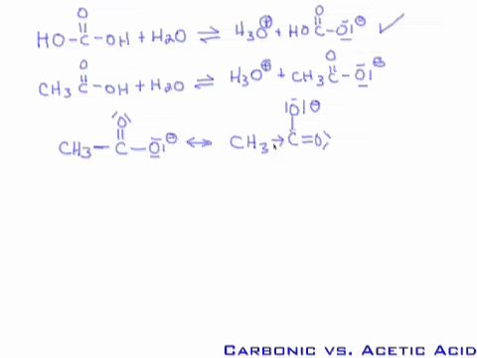And in both cases, methyl is inductively electron donating, destabilizing the anion somewhat. Now compare this to the resonance structures I can draw for the bicarbonate anion. Well, indeed, nothing's changed. I've got a minus. I can delocalize that minus to the other oxygen.